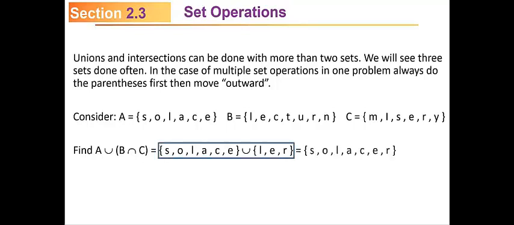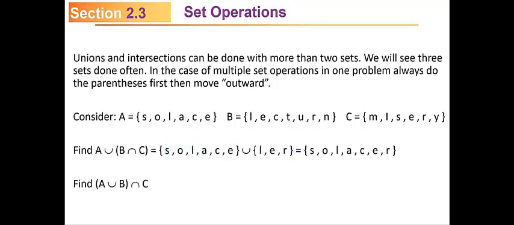And if you look, there's an S, there's an O, there's an L, there's an A, there's a C, there's an E, and there's an R. So the union of A with the intersection of B and C consists of the set containing the letters S, O, L, A, C, E, R. You could do that with Venn diagrams, but as I said earlier, you can do these problems mostly without Venn diagrams, although Venn diagrams can be useful as a visual aid.